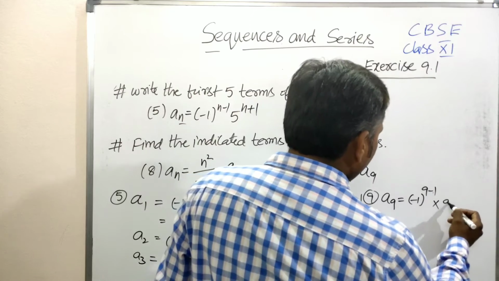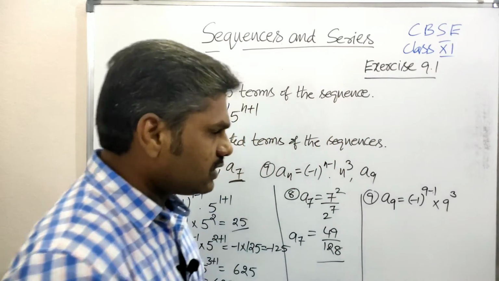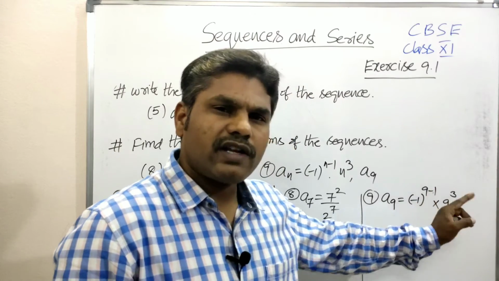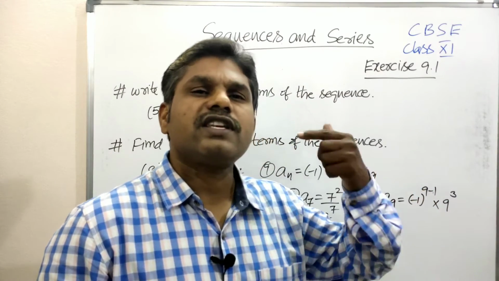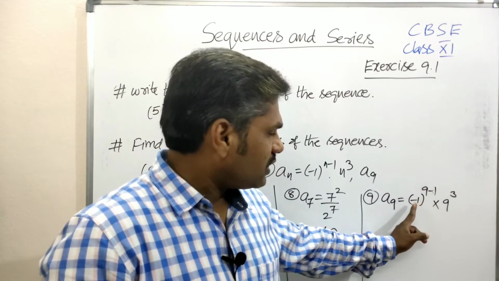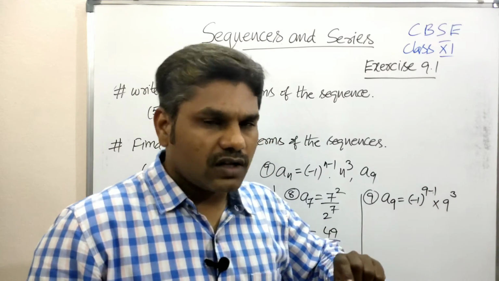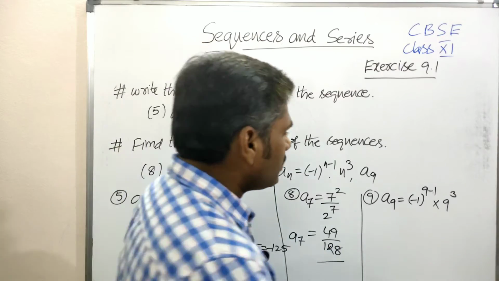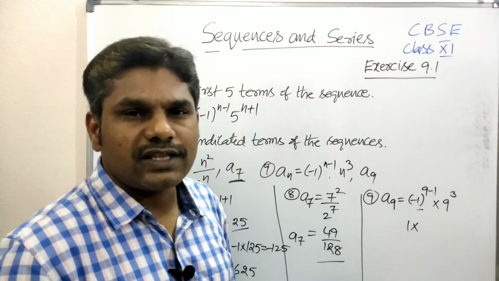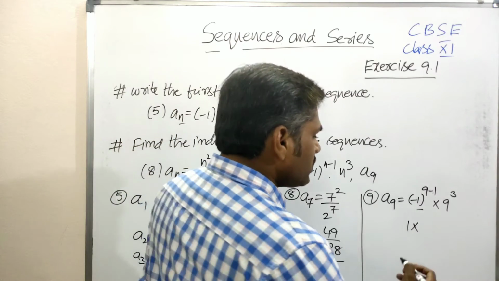What is n? 9 cubed, right? Here (-1)^(9-1) is (-1)^8, which is an even number index. Therefore if the index is an even number, this minus will not come again. Therefore it will become 1. 1 into 9^3 is nothing but 729.